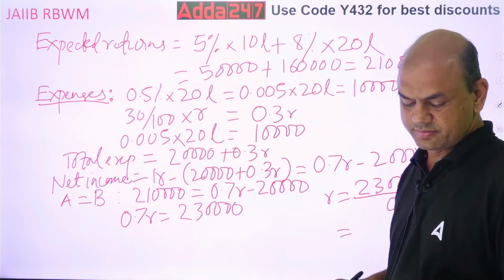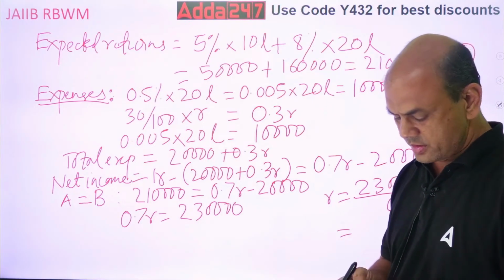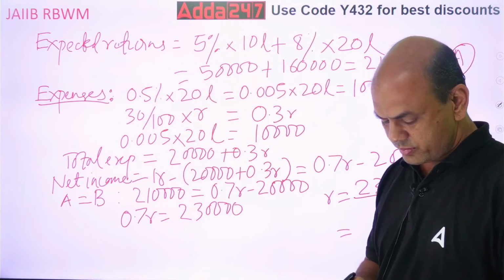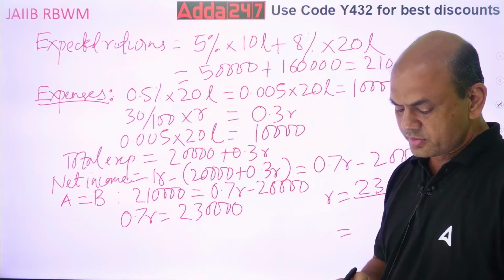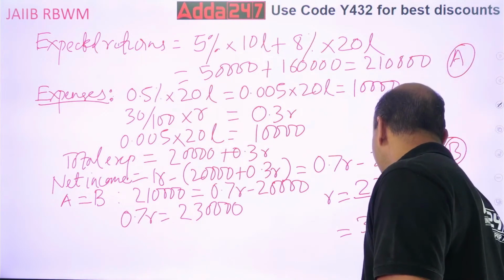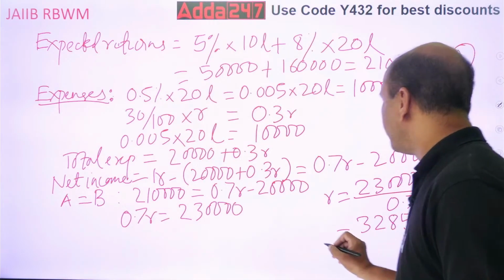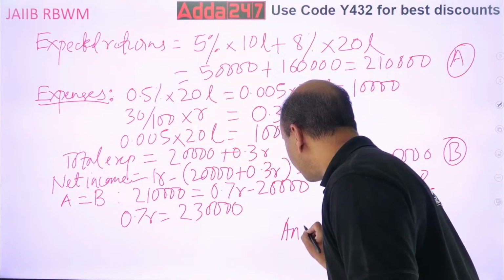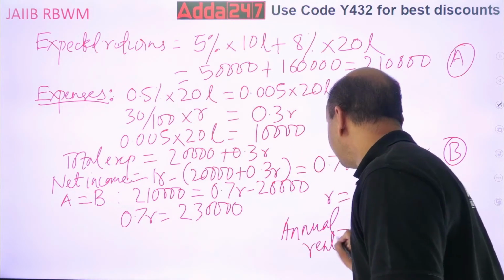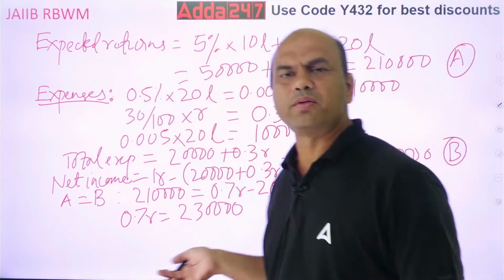It is 3,28,571. This is the annual rent. Kindly note, I am expecting this much as annual rent. If I want monthly, divide this by 12.